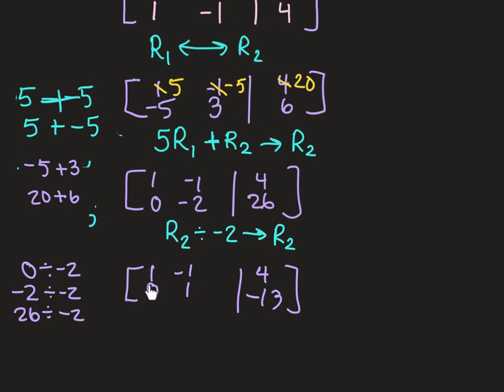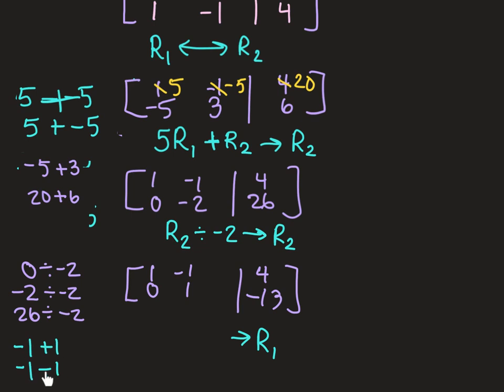Okay. I don't want to mess this up, but I need a new row 1. The whole point of this is I need a new row 1 that has a 0, has a 1 and then a 0. Well, if I did negative 1 plus 1 or negative 1 minus 1, I could add or subtract these rows.